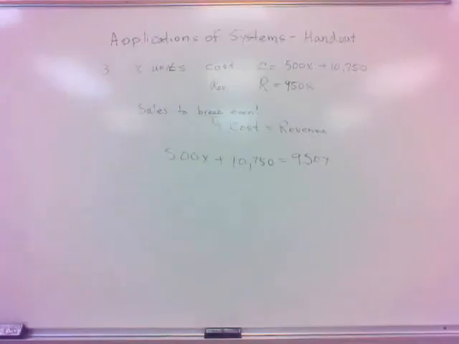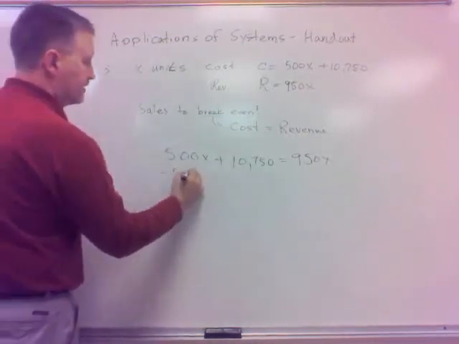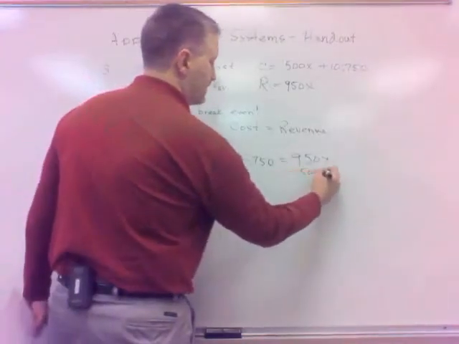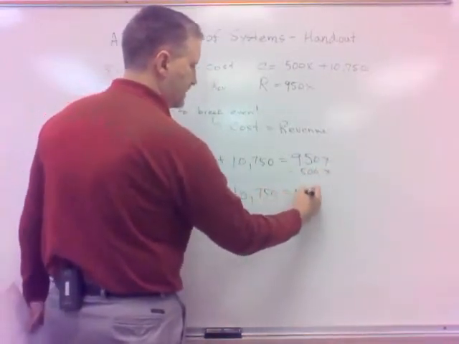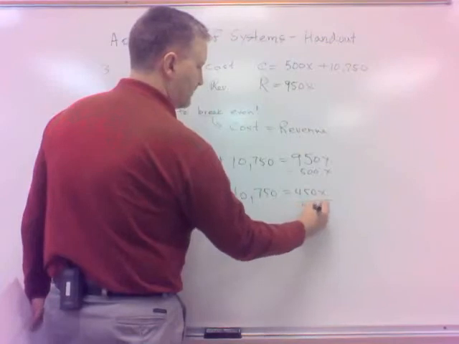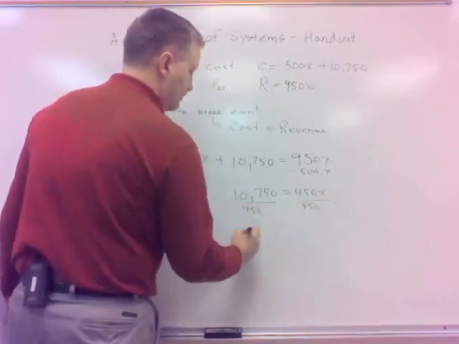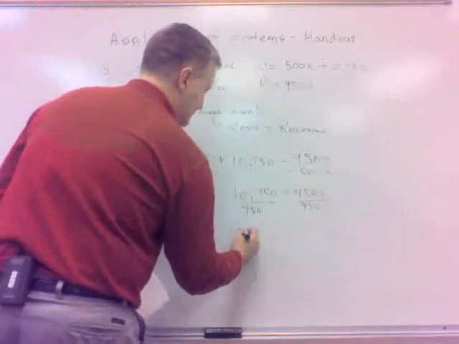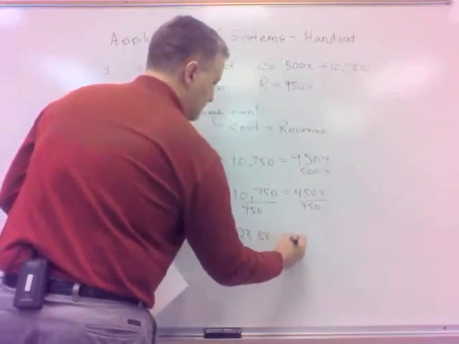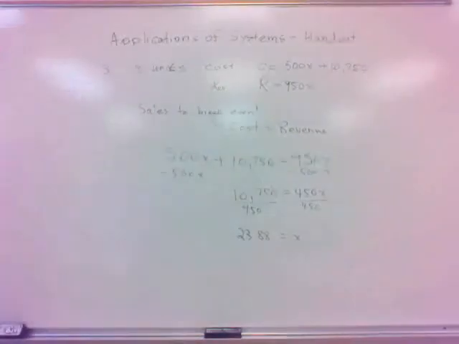So again, just a pretty simple little solving here. Subtract the 500x, and looks like we would have 10,750 equals 450x. Divide off the 450. And so we'd have to produce and sell, how many is that? 23.88 equals X. So it looks like 23 wouldn't be quite enough.